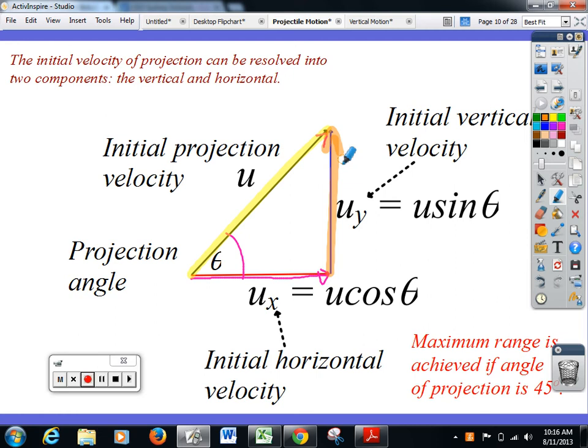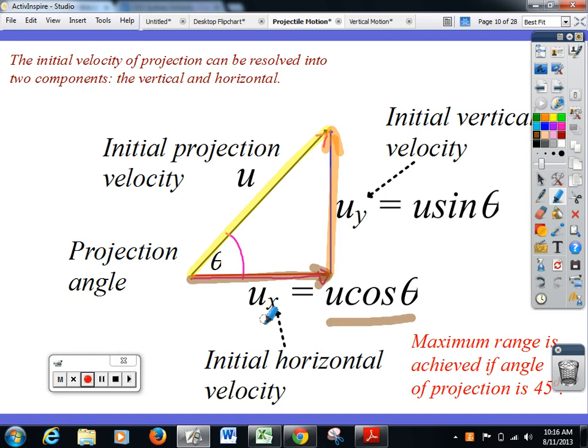Now, trigonometrically, the horizontal vector, this one along here, is given by u cos theta. The way I remember that is, we use u for the initial projection velocity, so ux would be the initial horizontal velocity, and cos is close to the angle.